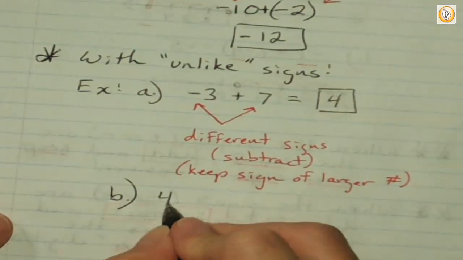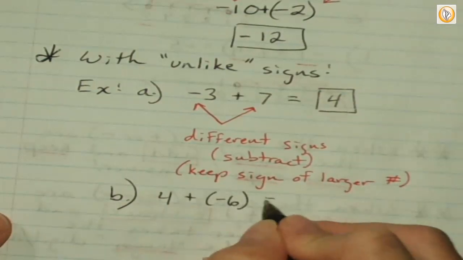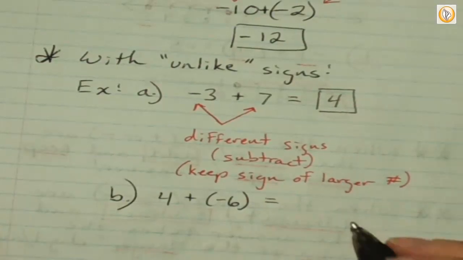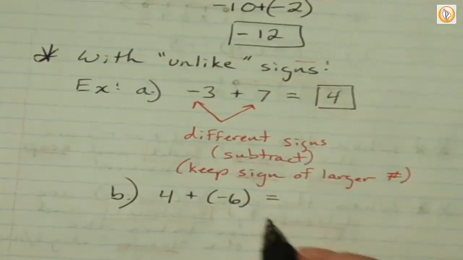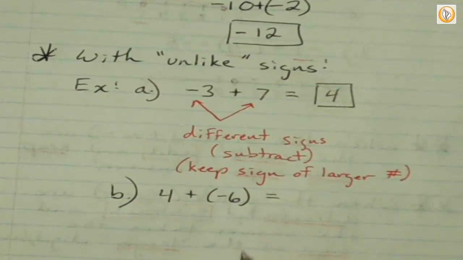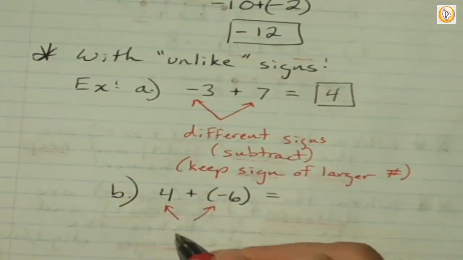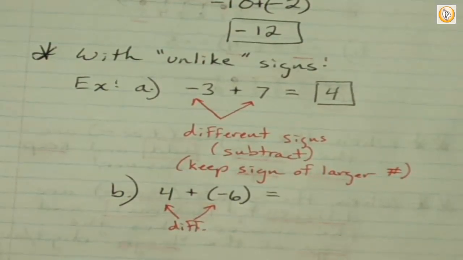What about this? 4 plus -6. Madeline, what would this answer be? Okay, wait. We have different signs, right? So, Madeline, are we adding or subtracting?